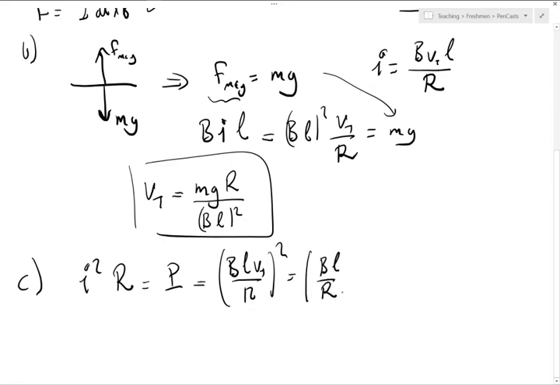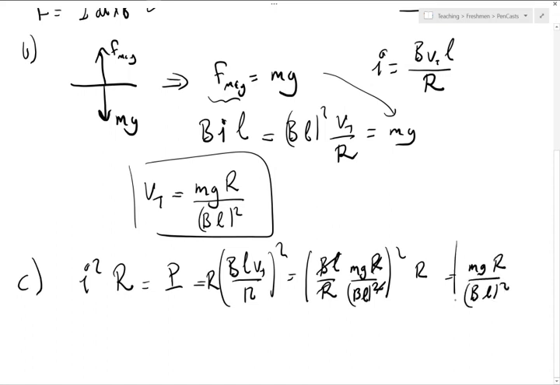This is I square times R, BL over R times V_T is mg R over BL square. So that's nice. BL's cancel, R's cancel here. So this gives me mg times R divided by BL square.